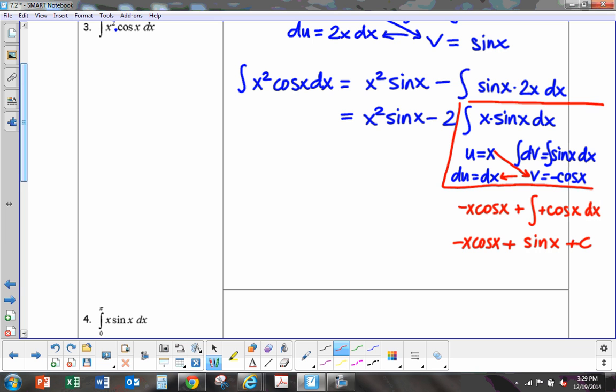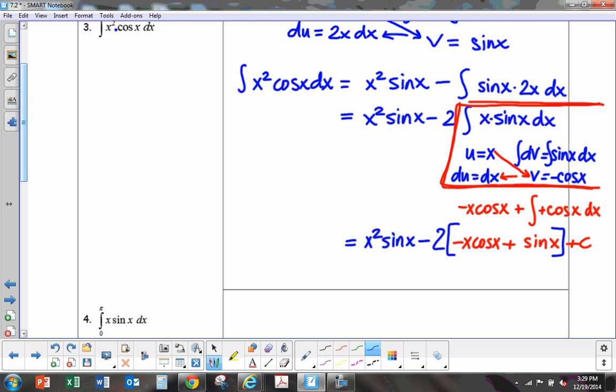That was just this red portion, though. So I need to have the rest of the problem. I need to bring that down. So I have x squared sine of x minus 2 times everything I came up with. I can leave the plus c out at the end because, as we've talked, if I want to distribute and get negative 2c, I can call that some other c value.